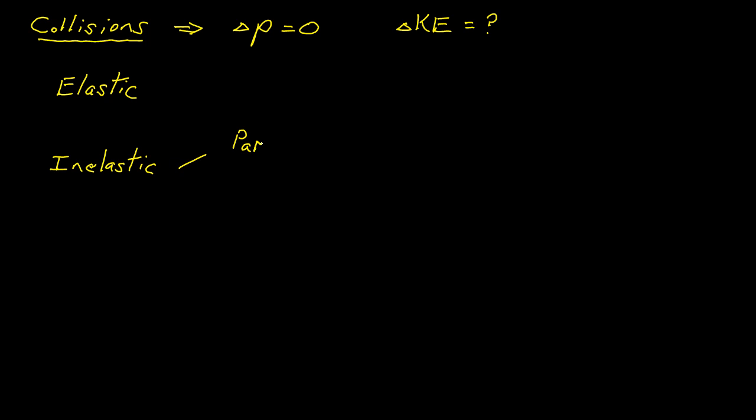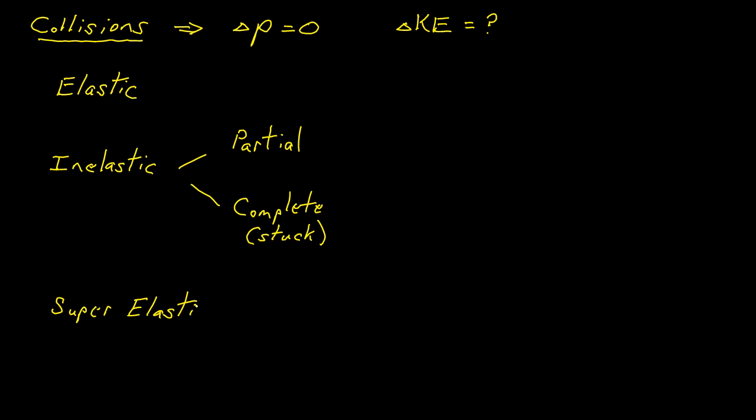We have the partial, and we have the complete. The only difference between these is that for the completely inelastic collisions, when the collision is done, the objects involved will be stuck together. That's the only difference. Now, the third type is what we call superelastic, or sometimes they're also called explosive collisions, or sometimes just explosions.